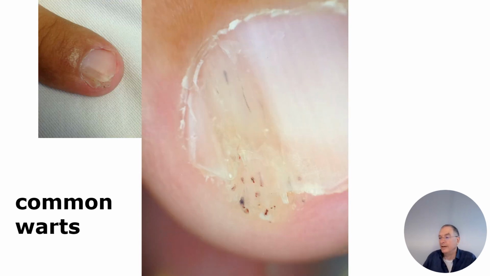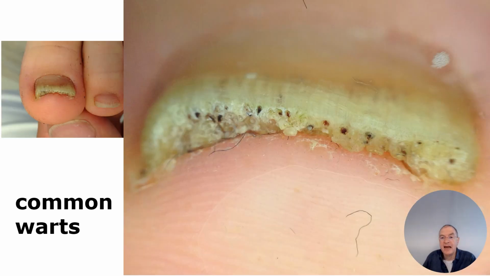And common warts, subungual, tricky to treat because we cannot reach them here under the nail plate. Also here common warts, and I just applied the dermoscope in front of the nail plate, and here you see the typical pattern of the common warts.